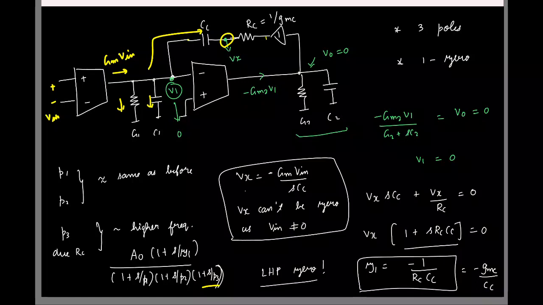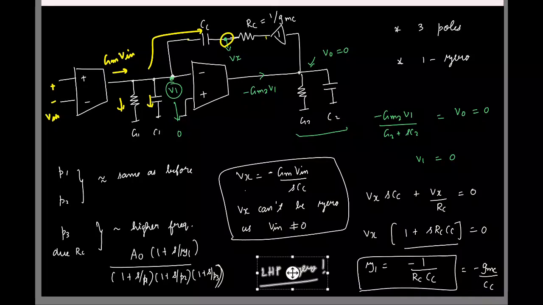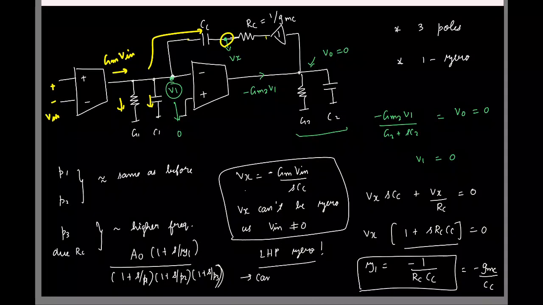So you can try to keep it close enough to P2 or P3 so that the effect of one of the non-dominant poles will get cancelled. So the LHP 0 can be used to cancel P2 or P3, whichever is convenient.